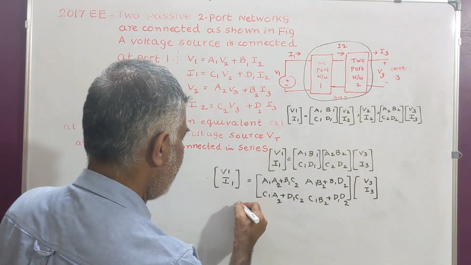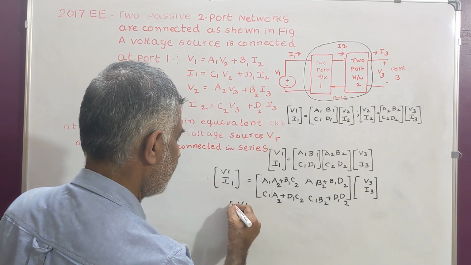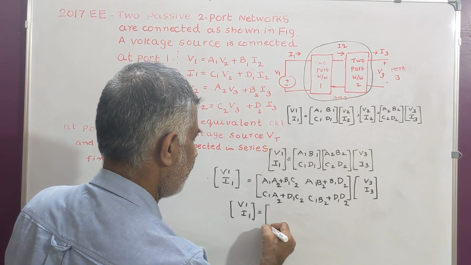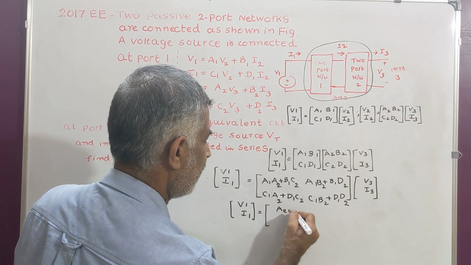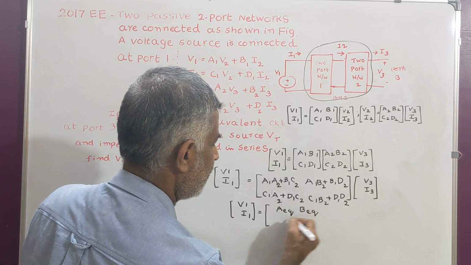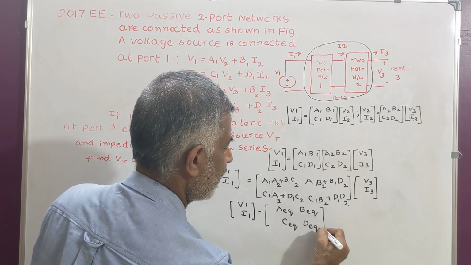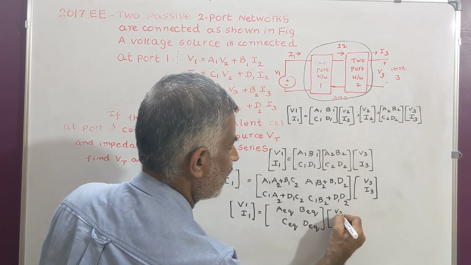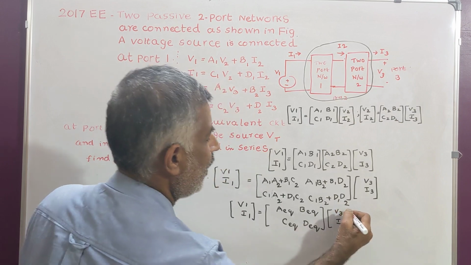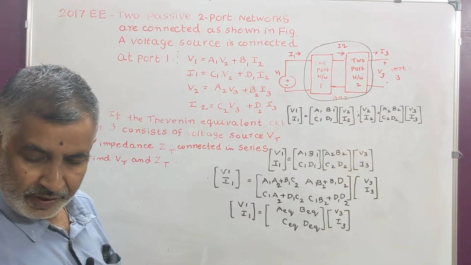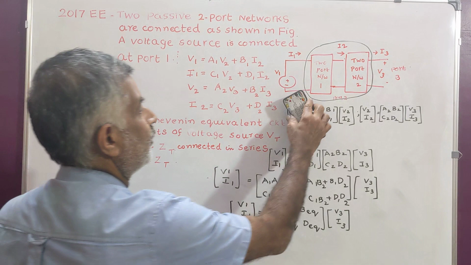Now I will replace this as A equivalent, B equivalent, C equivalent, D equivalent, times [V3 I3].